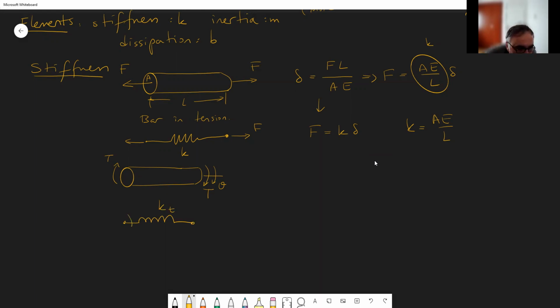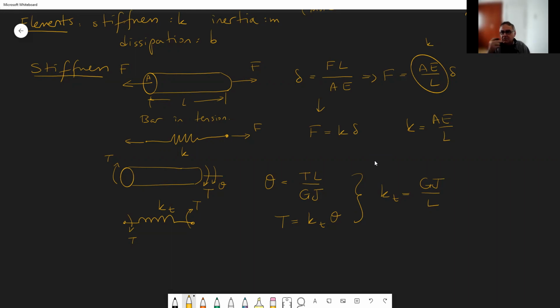This is again from strength of materials, remember T over GJ. And if T is equal to KT times theta, then the torsional spring should be GJ over L. J is the polar moment of inertia.